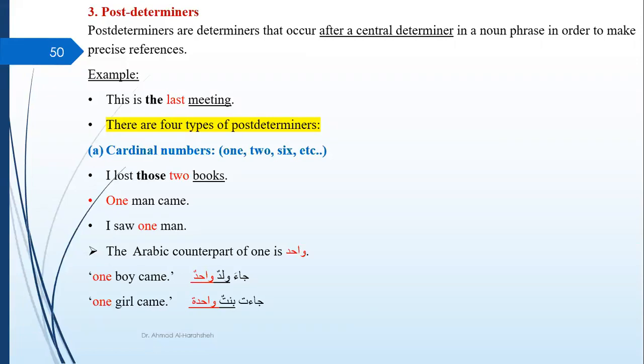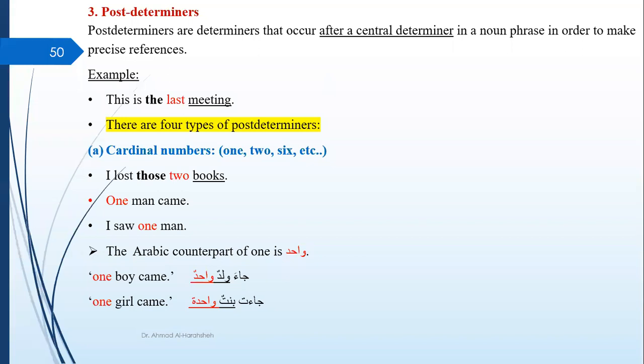The function of determiners in general is to make precise references.